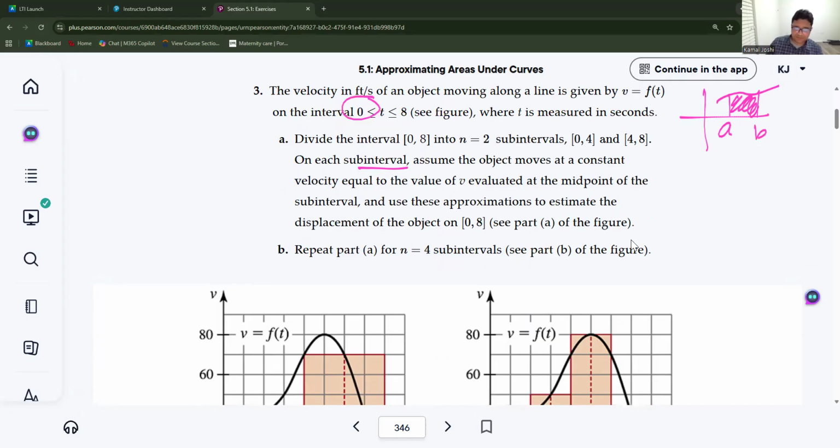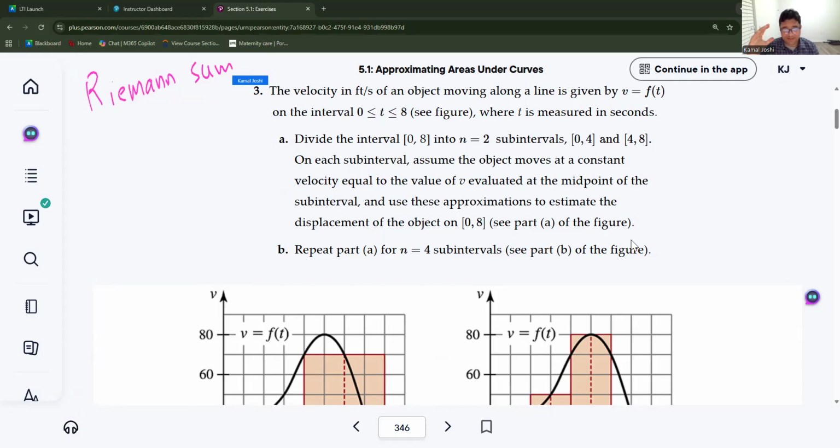All right. Now, I will solve this problem, but let me talk about the concept here. Problem number 3 is an illustration of the concept of Riemann sum, right? Hope you remember Riemann sums from our discussion in the previous video. What was the idea of Riemann sums?